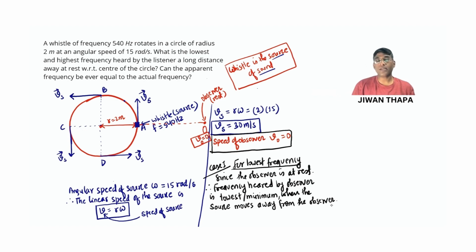And in this case, the observer is at rest. So as I said earlier, this is the direction of the source at point B.